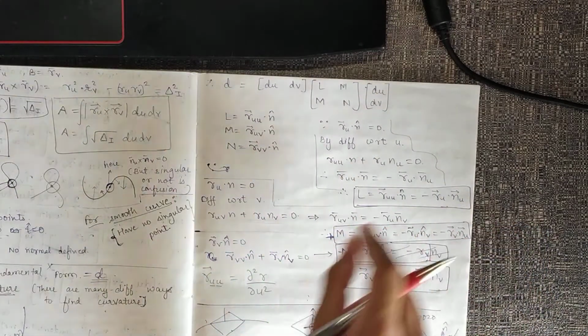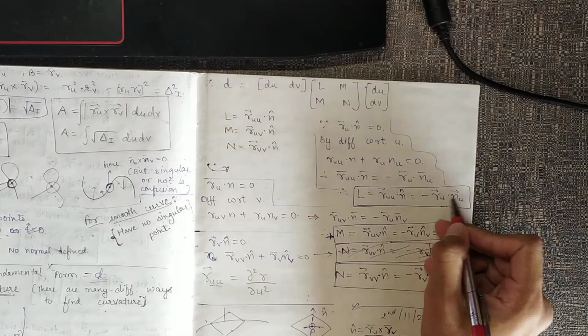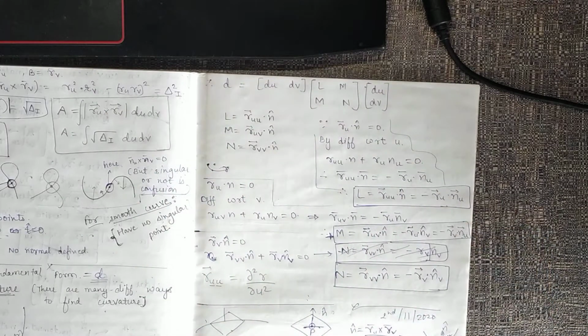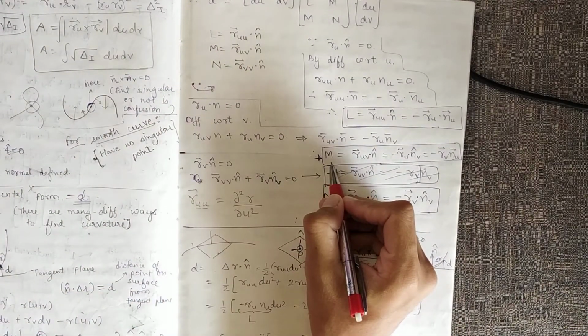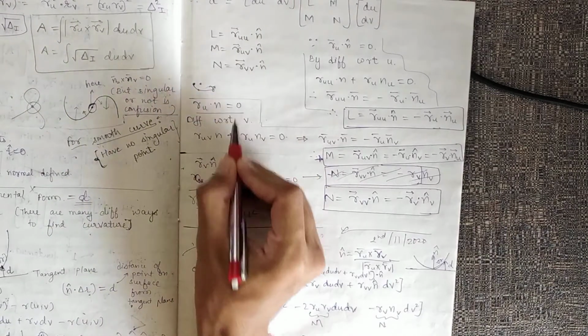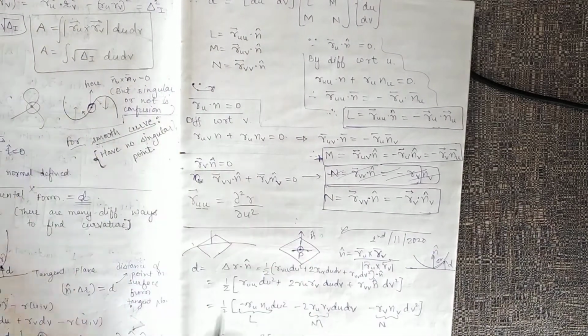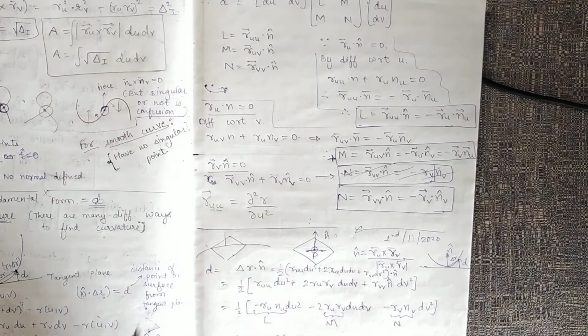So when we are doing it manually, this will be simpler for us. Similarly, M can also be changed, and N can also be changed using this equation, differentiating with v.